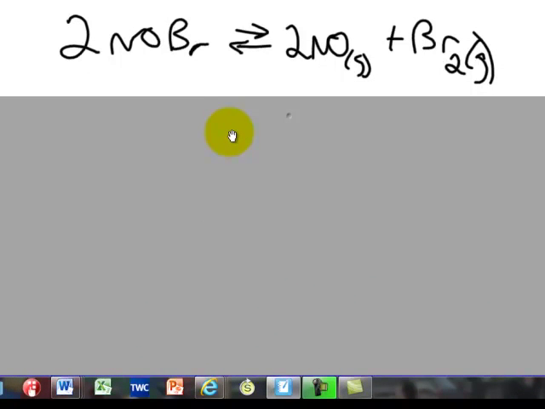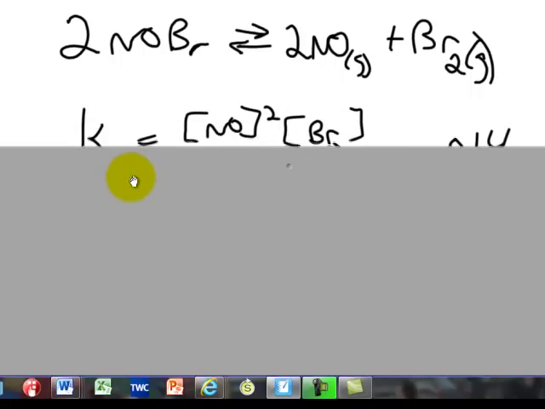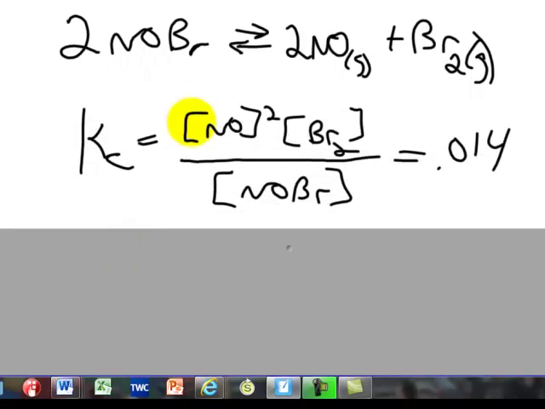I can even extend this. If I have this equation, 2NOBr is in equilibrium with 2NO plus Br2, I can write a Kc for that, NO squared times Br2 over NOBr squared equals 0.014. And these values I'm just looking up. There's huge tables of them.